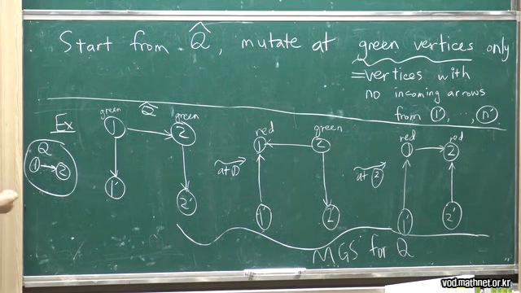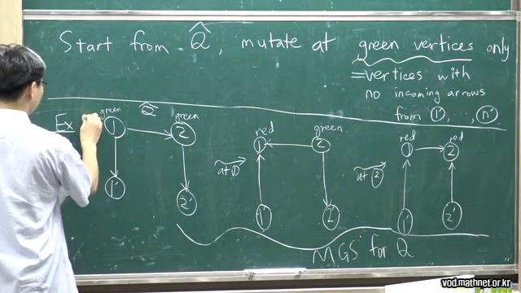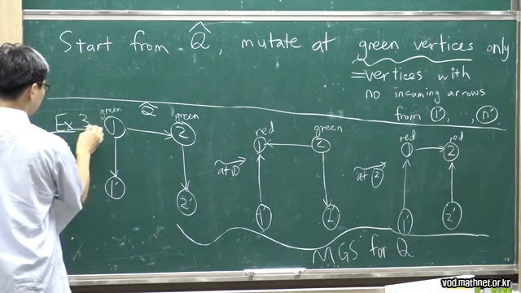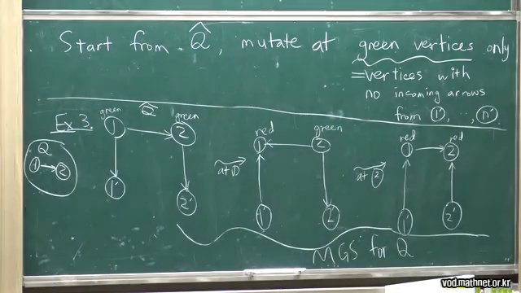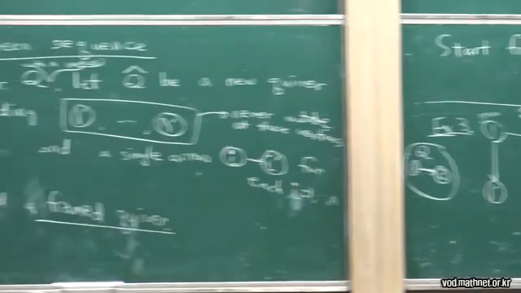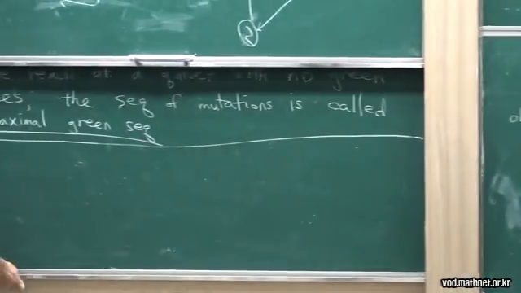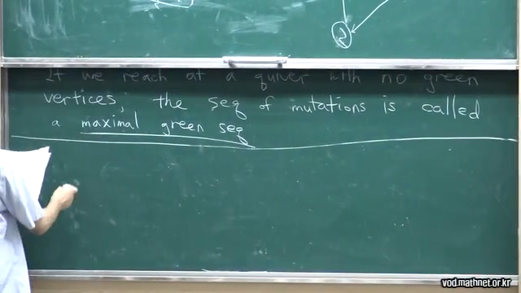Let's give an example. Was it 3? I will start with the same quiver and the same framed quiver. So still Q is the two vertices quiver with one arrow.